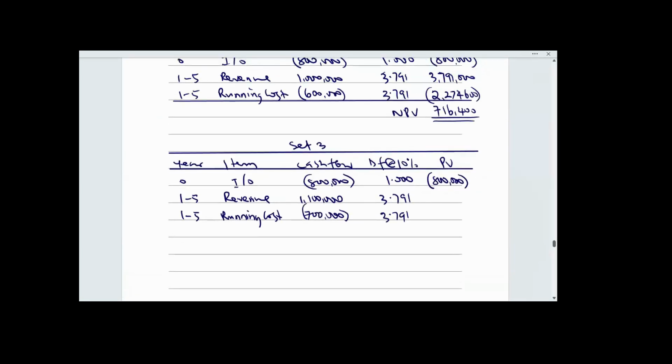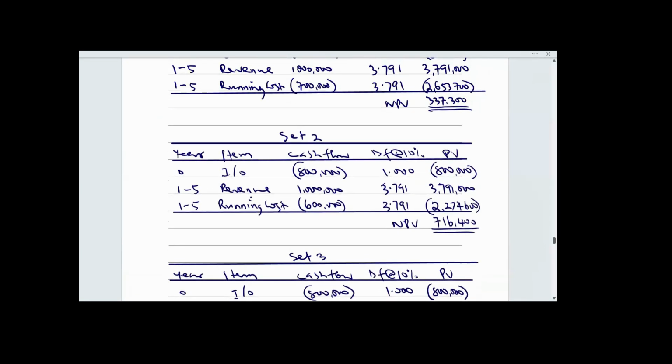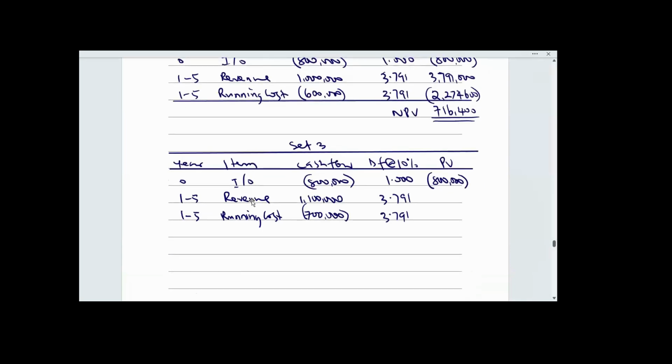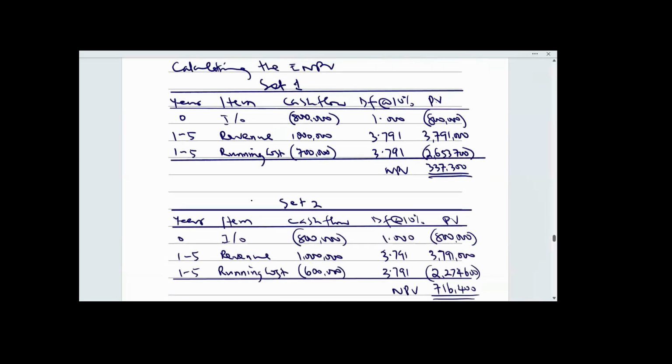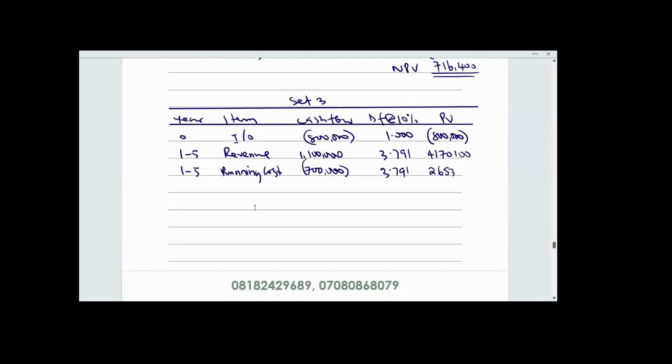So give me the present value, please. For revenue, PV is 4,170,100. Then here is 2,653,700. Final answer.